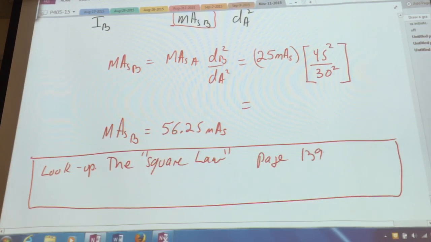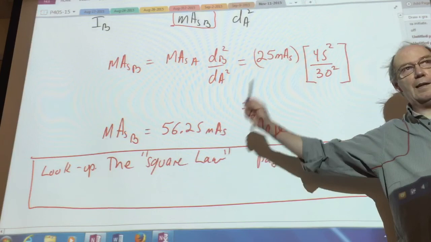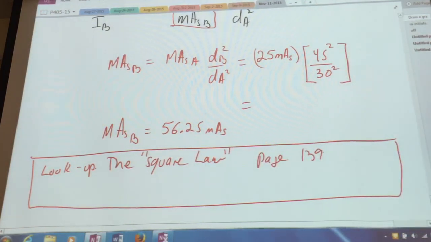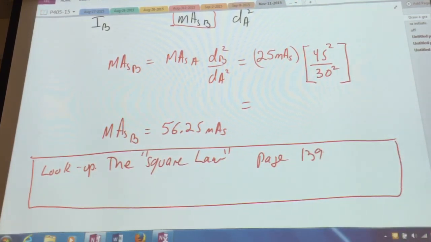He gives you a whole different formula to do the same thing, plus he gives you something with a cutely named but different one that's more important. So just don't trip over the square law. Bear in mind that it's just put out there to make you trip over it. So be very careful about that one.